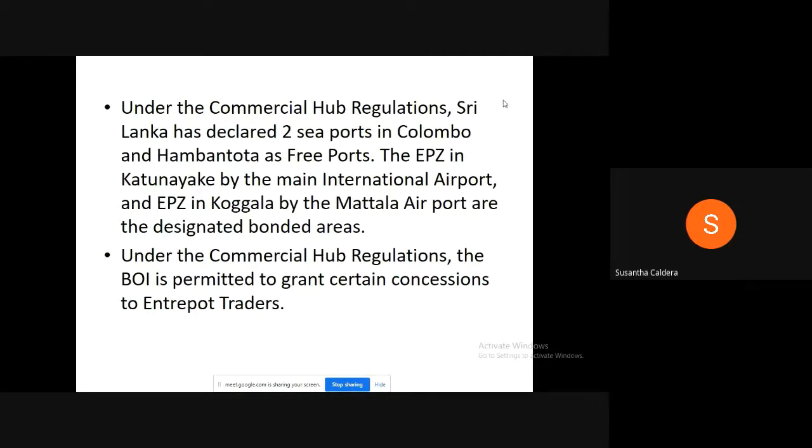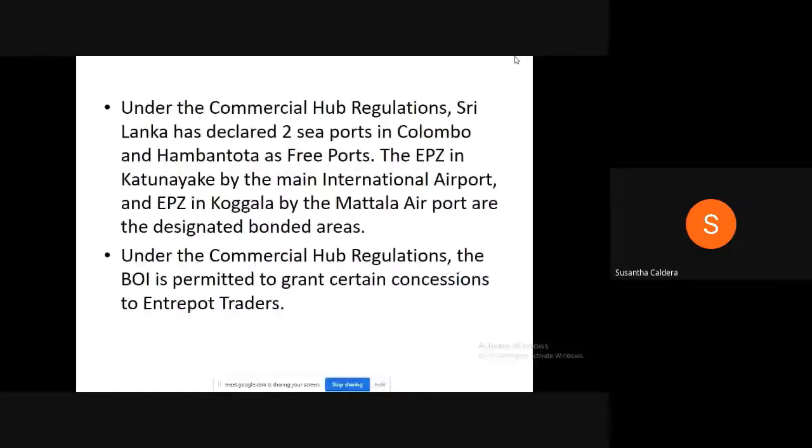Why are they not promoting these things? It's an easy way of earning foreign currency. Otherwise, if you sell tea, you wait 2 months, 8 months, 10 months before you get the foreign exchange. Here, within 21 days. Very quick.